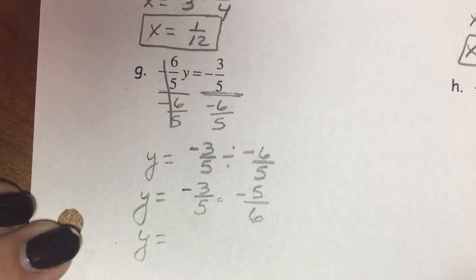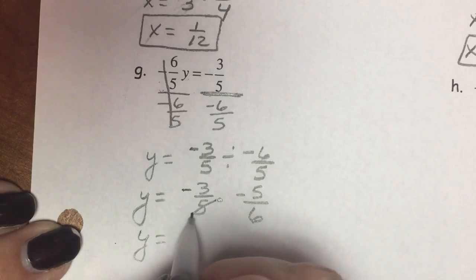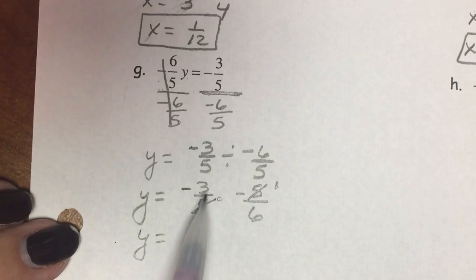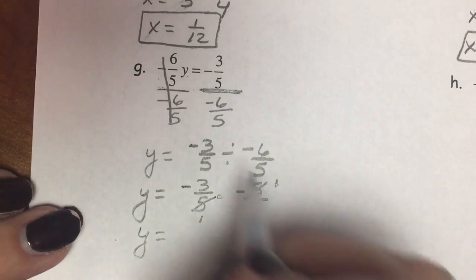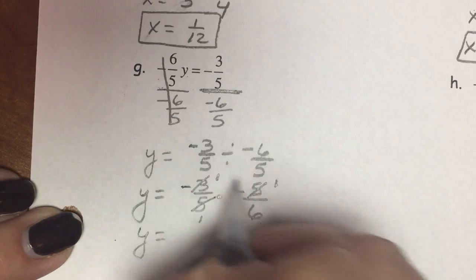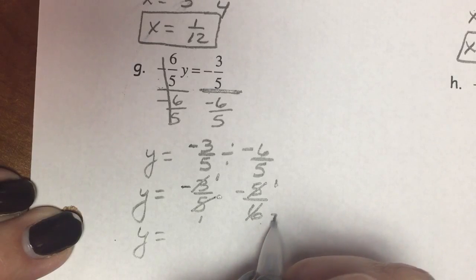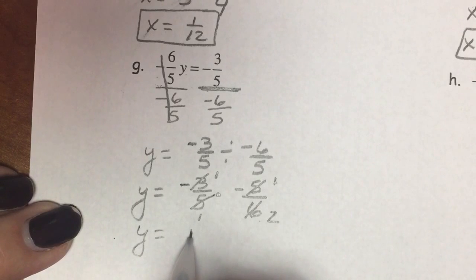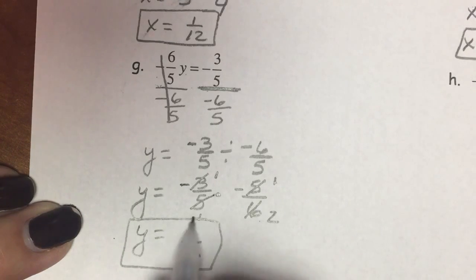So I know a negative times a negative is positive. 5s will cancel, but I'm not done. The 3 will cancel into the 6. So 3 divides into 3 once, and 3 divides into 6 twice. So again, my answer is positive, and multiplying straight across, I'm going to get 1 over 2, or 1/2.